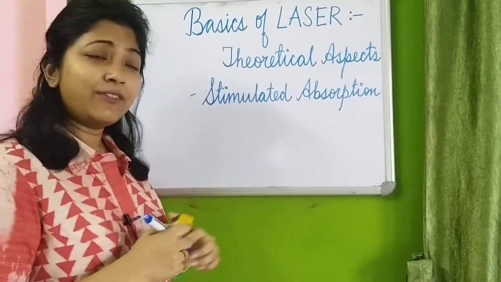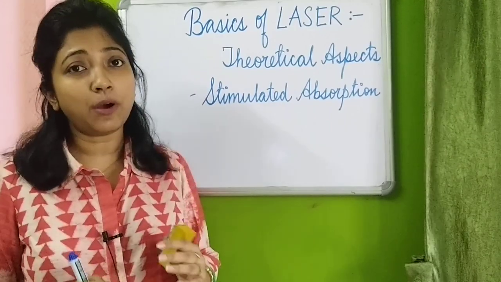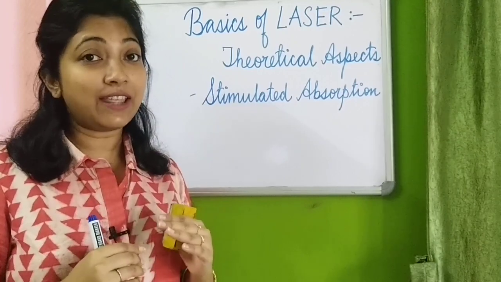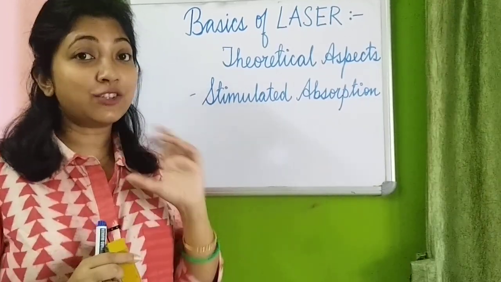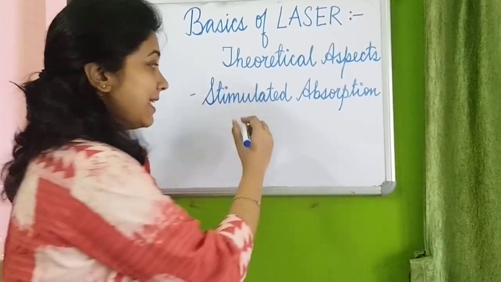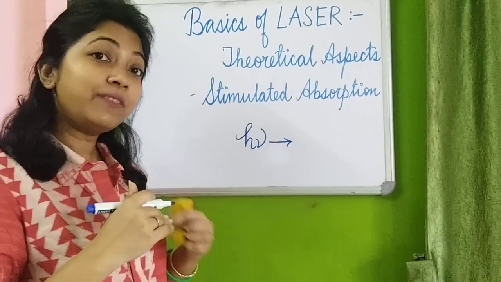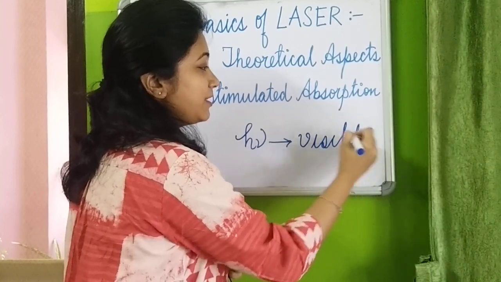So whenever we are going to talk about this absorption or emission, I will be discussing energy levels. However, the difference between these two energy levels when we are discussing laser has to have a magnitude in such a manner that the h nu should be comparable or within the visible range.